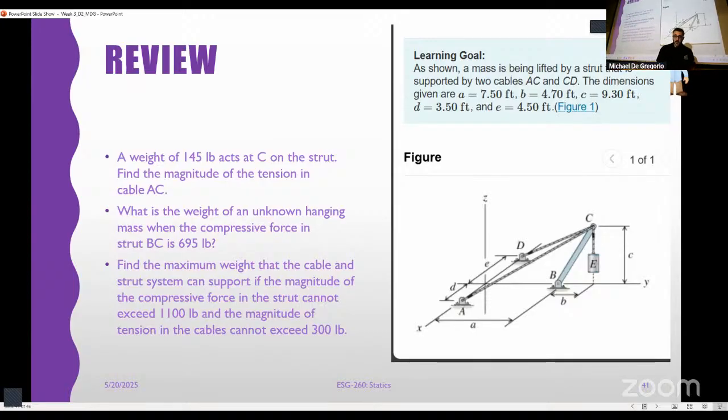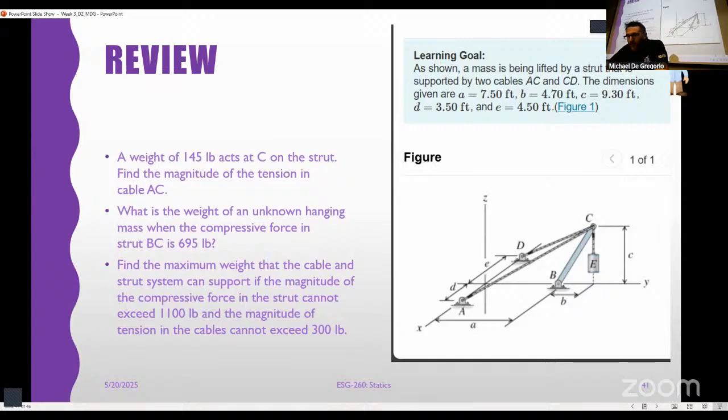I've got all these distances that are given to me in the learning goal part. And I've got this system that has a strut and 2 cables that are holding up a weight, all going through point C. And so a weight of 145 pounds acts at C on the strut. We want to find the magnitude of the tension in cable AC.